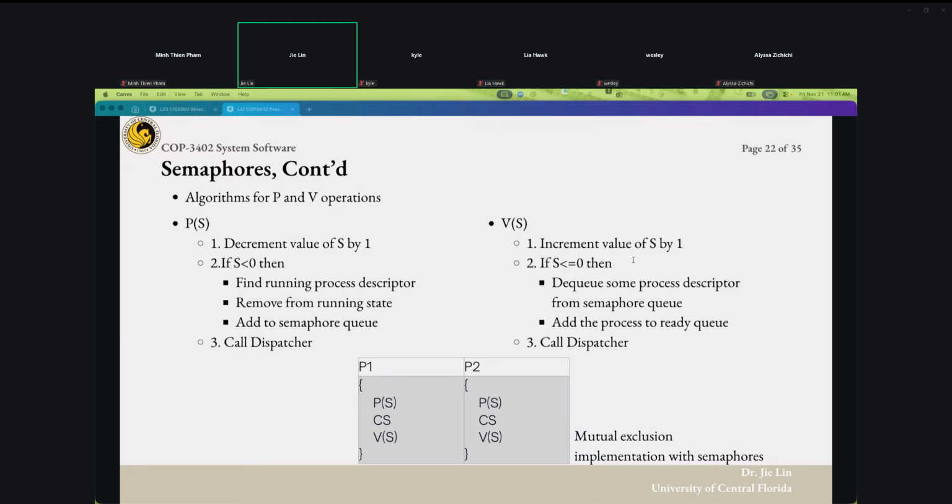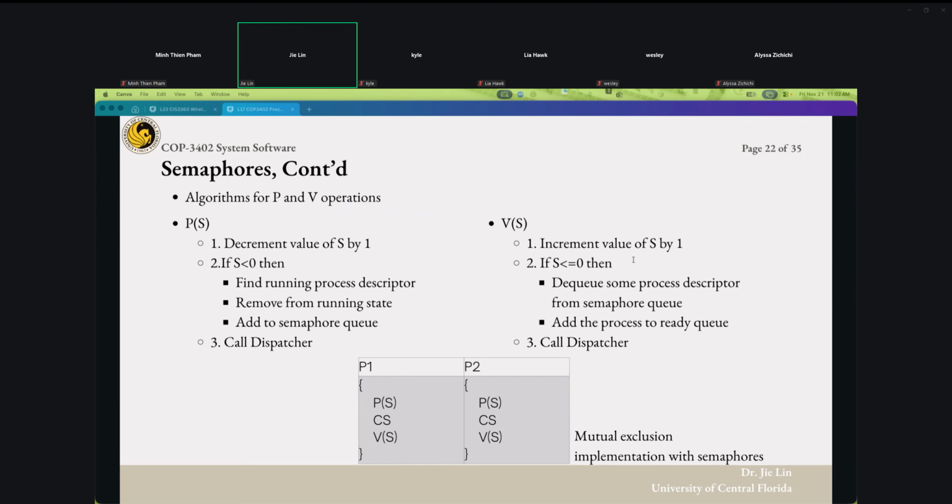What I want to emphasize on this slide is that semaphore operations provide a very structured way of managing mutual exclusion. At any given time, exactly one process holds the semaphore and accesses the critical section, while the others simply wait patiently and efficiently in the semaphore queue. Thus, the semaphore implements mutual exclusion cleanly, effectively preventing race conditions.